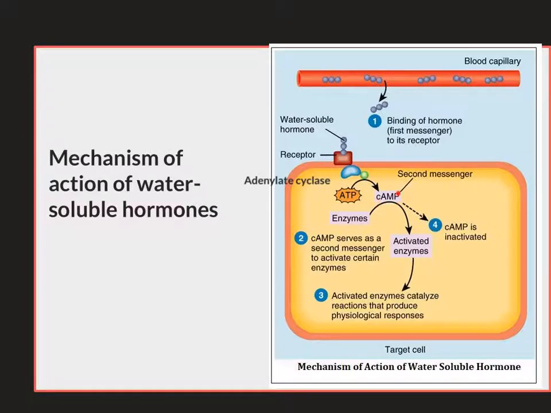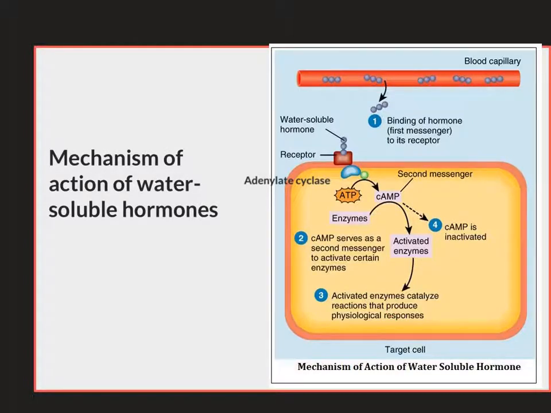This creates that second messenger, cyclic AMP. Cyclic AMP is then capable of activating several enzymes. The enzymes which are activated are going to depend on the hormone and its target cell, but these activated enzymes can catalyze reactions that produce physiological responses.